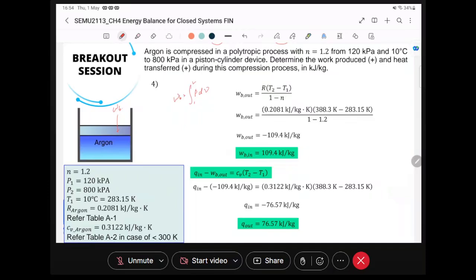But in this case, it's not a constant pressure, so we cannot just take it as this, because the pressure is definitely changing. This is not an isothermal process. For an isothermal process, for ideal gas, this is the equation.